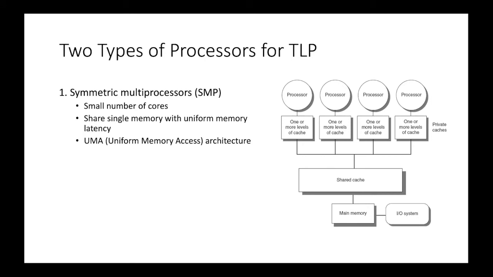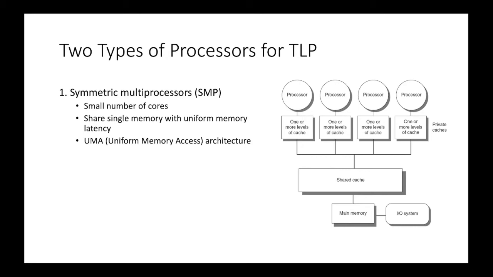Now for TLP, we have basically two types of processor implementations. The first type is SMP, the symmetric multiprocessors. This is what you have in your laptop desktop. Multi-core is basically an SMP machine. There are a small number of cores, and they share a single memory with uniform memory latency.